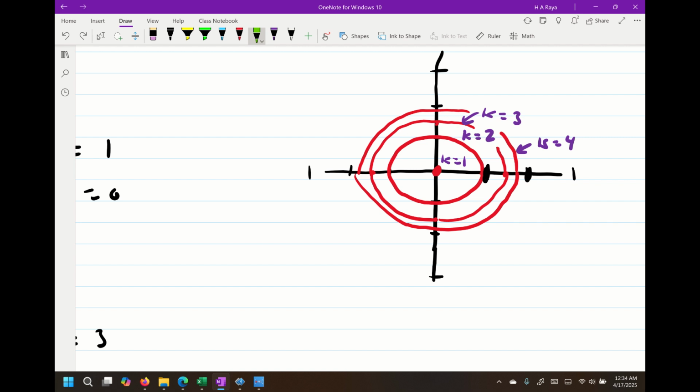By looking at these two paths, I can see that it's a longer path from here to here to elevate myself one unit. But from here to here, it's a shorter path to elevate myself by 1 unit.